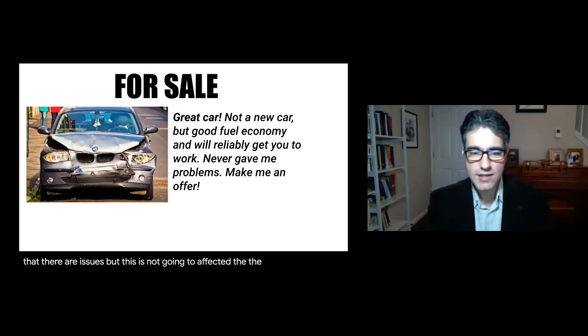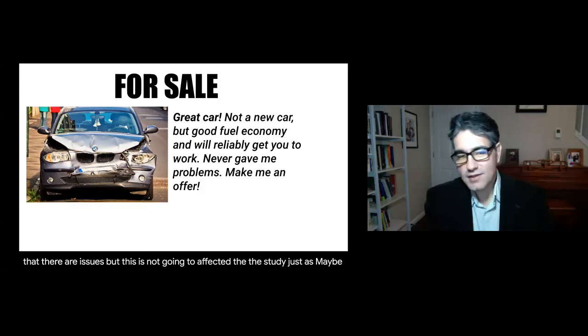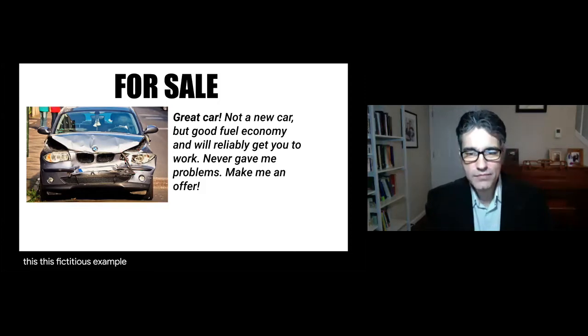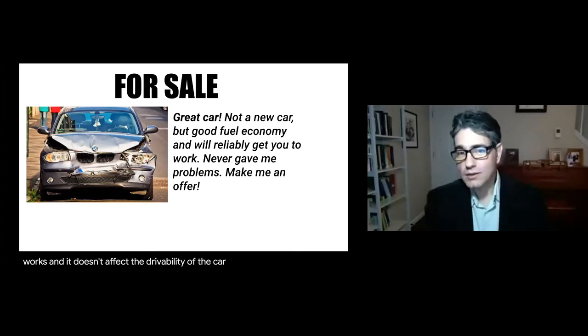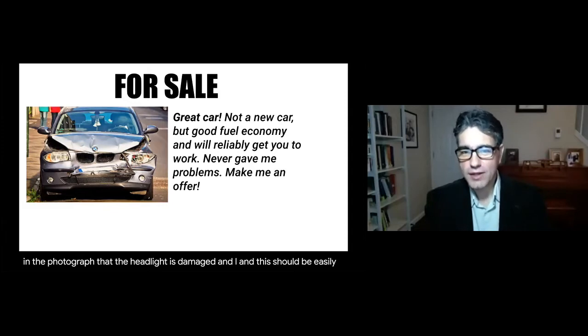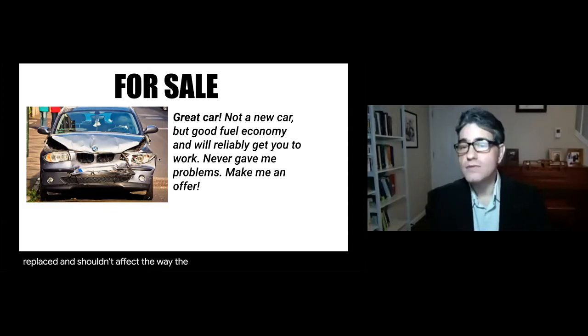just as maybe in this fictitious example here, the person placing the ad might say something like, in the photograph, you see that there is a damaged headlight, but it still works and it doesn't affect the drivability of the car. Or, yes, you can see in the photograph that the headlight is damaged, and this should be easily replaced and shouldn't affect the way the car drives, or whatever it may be.